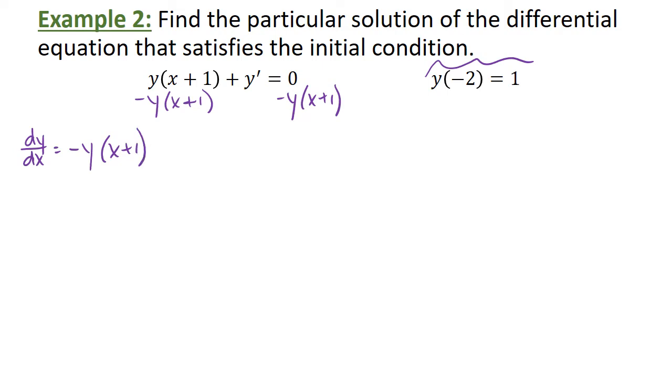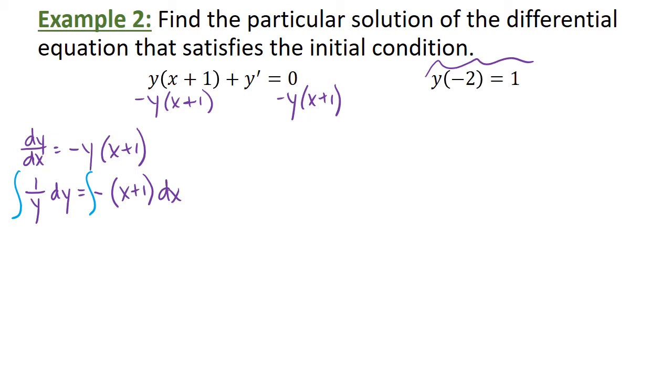So now, in order to separate the variables, I'll multiply both sides by dx, and then I'm going to divide by y. So when all is said and done, I will end up with 1 over y dy is equal to negative quantity x plus 1 dx. As in the previous video, now that the variables are separated, I can go ahead and integrate both sides.